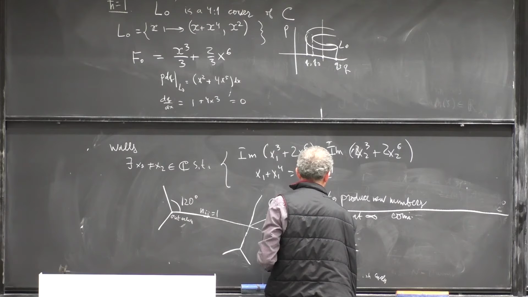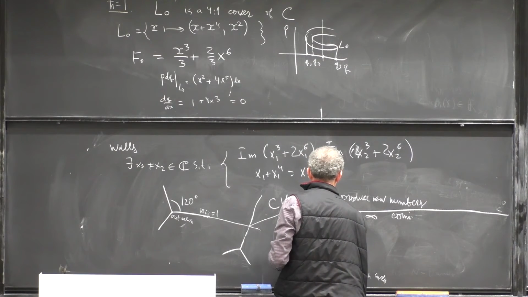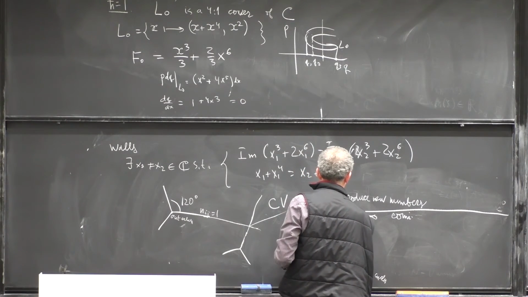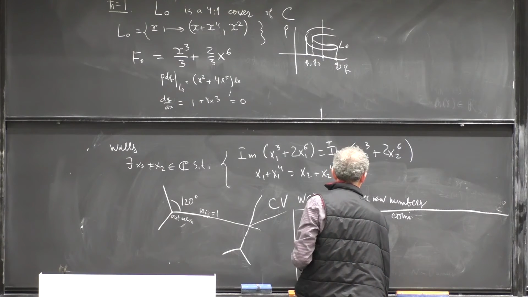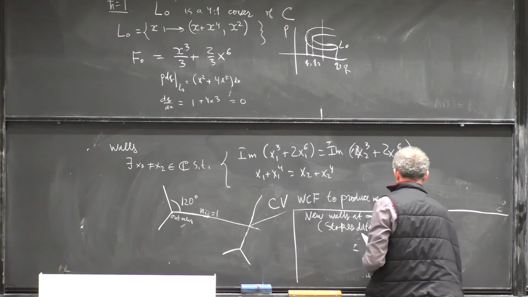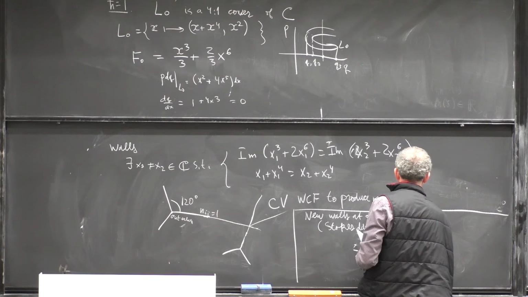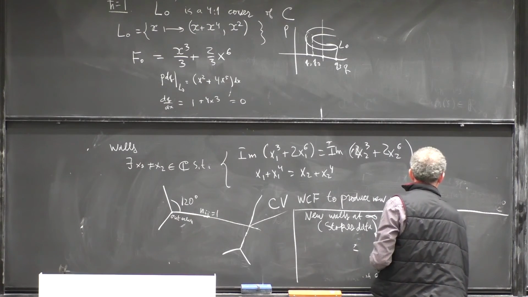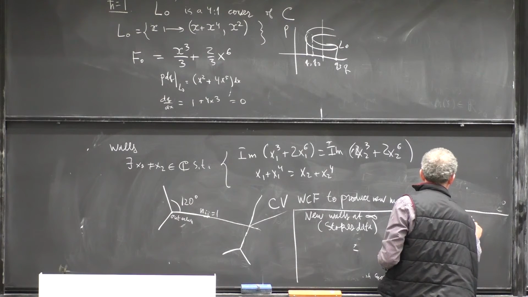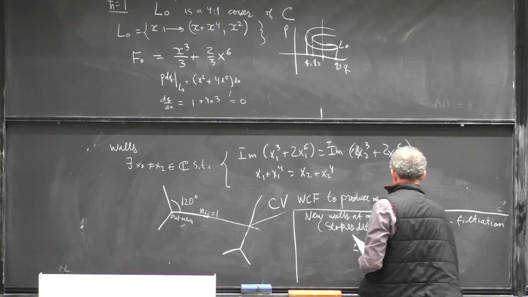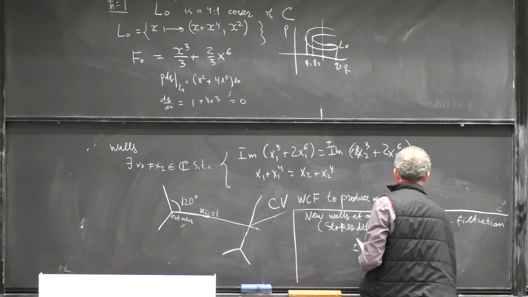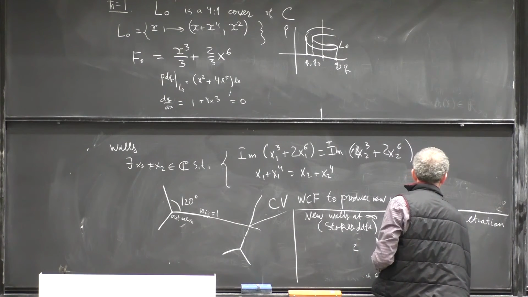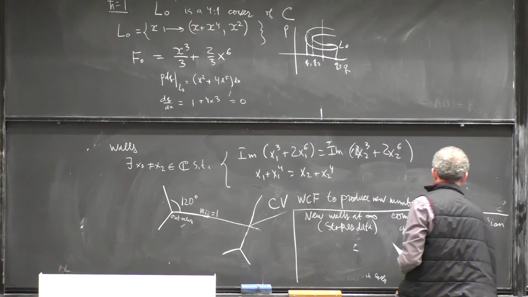New walls, or if you'd like, Stokes data at infinity, coming from the filtration, or it corresponds to the filtration given by real parts of the exponents.